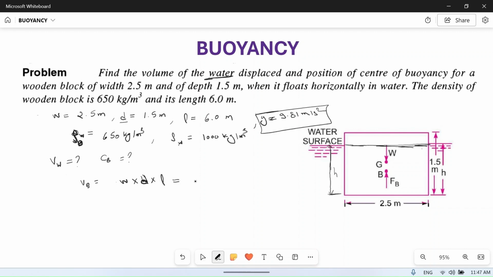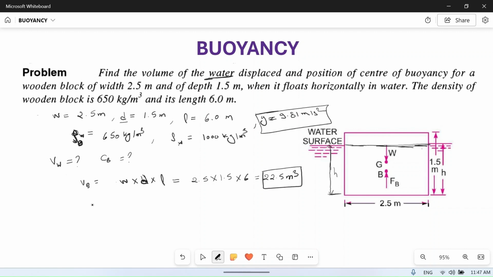So it will be equal to 2.5 into 1.5 into 6, already given in the question, so it becomes 22.5 meter cube. This is the volume of the block.